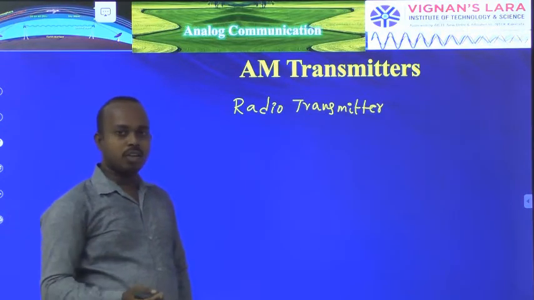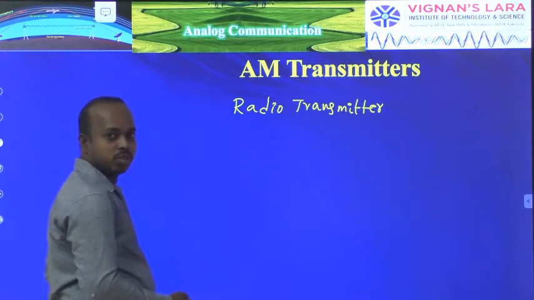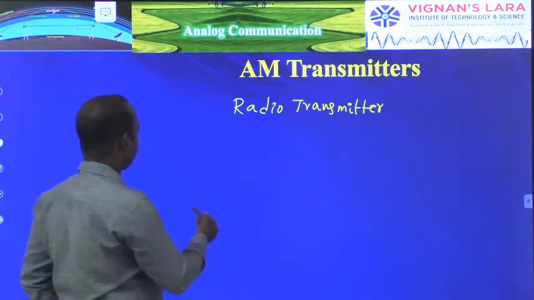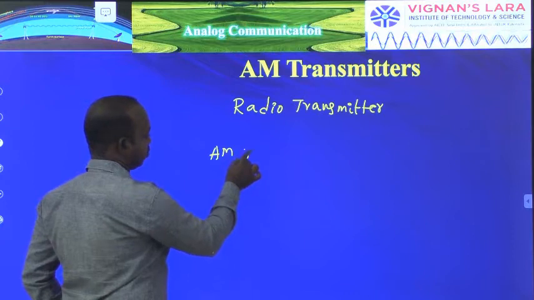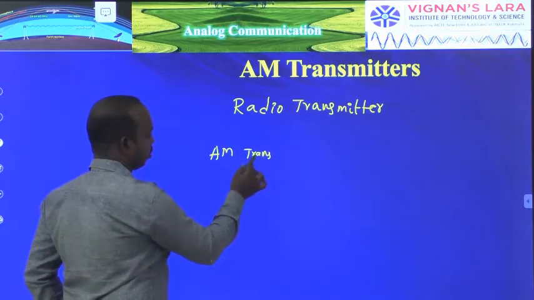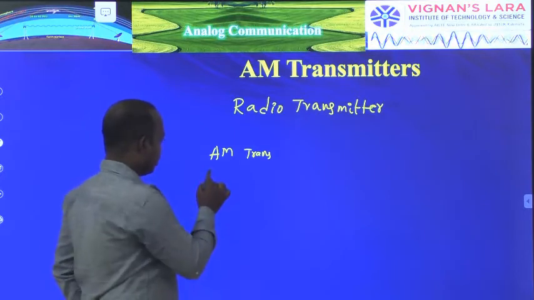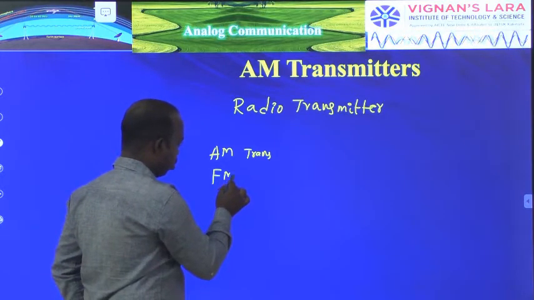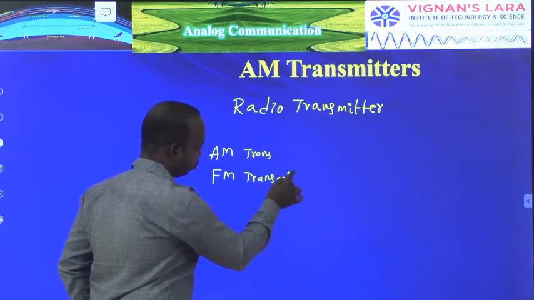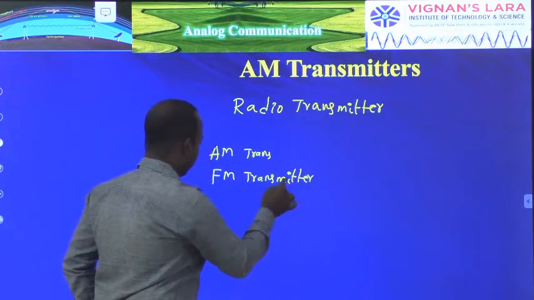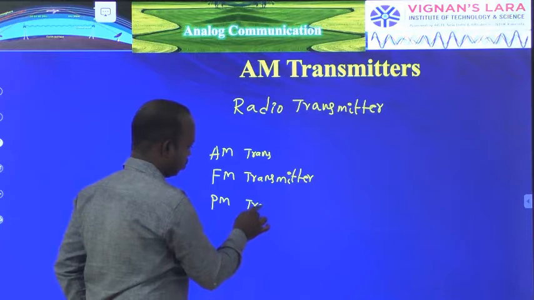Here we can take the modulation technique. Based on the modulation, we mainly classify the transmitters into AM transmitters, otherwise called amplitude modulation transmitters, the second one frequency modulation transmitters, and the third one phase modulation transmitters.